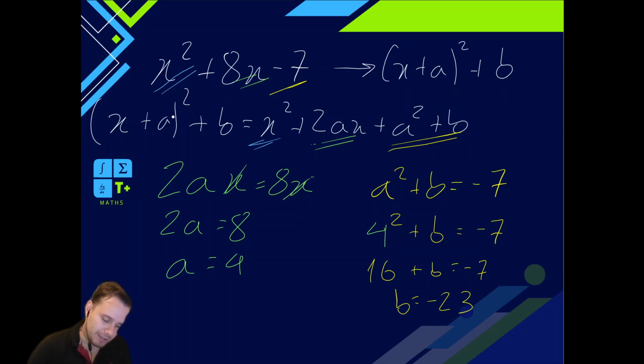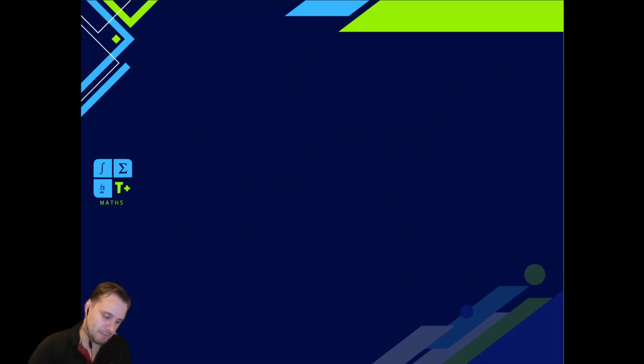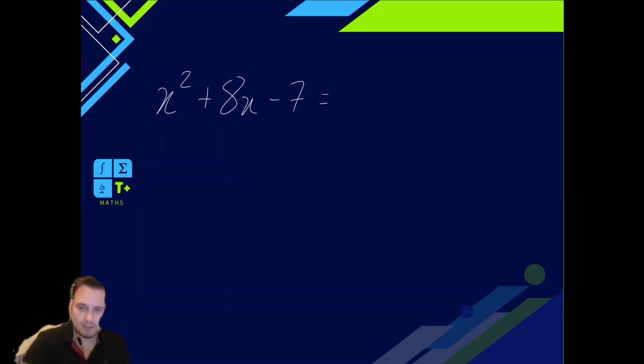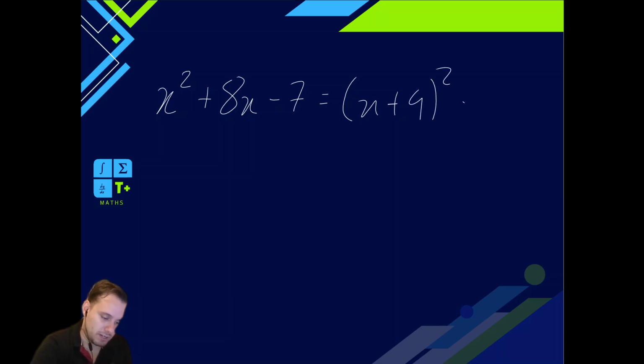Well, we can say that this beautiful x squared plus 8x minus 7 can be rewritten as (x + 4) squared minus 23. This may not seem like quite a discovery for you just yet, but this is a very interesting process for us to do.